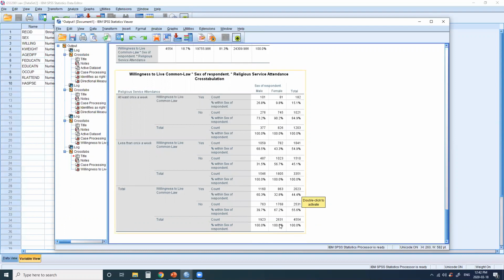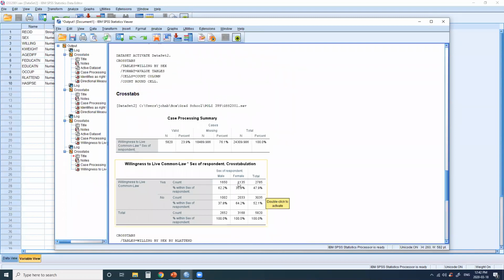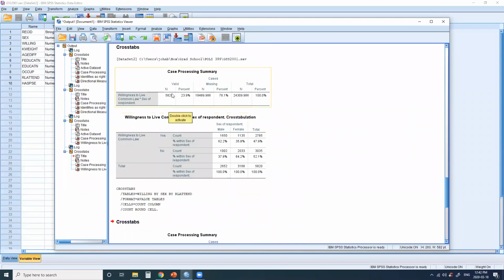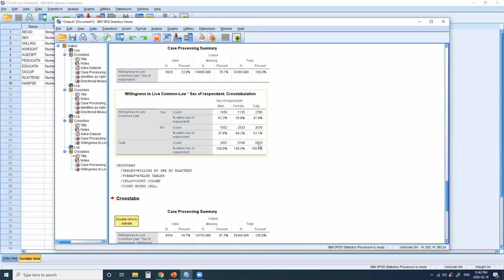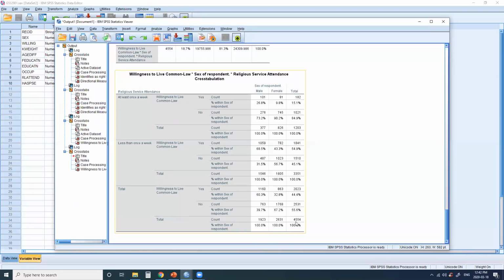But be careful when looking at this, because look at the number of cases for our original crosstab, 5,820. Whereas here, our total crosstab is only 4,554. And that's because 5,820 people answered these two questions, sex and willingness to live common law, but only 4,554 people answered all three questions, namely sex, willingness to live common law, and religious service attendance, right?